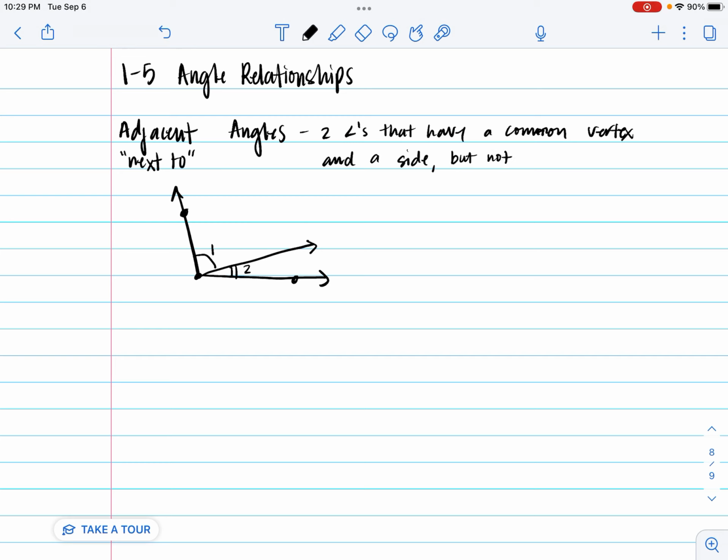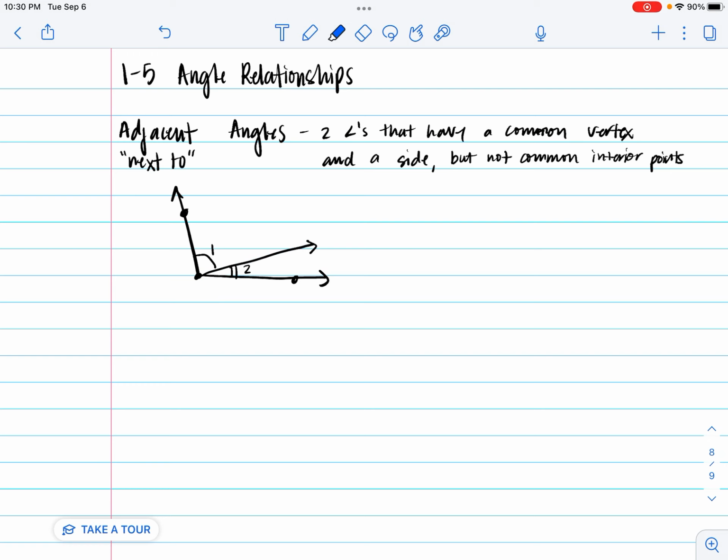Now, this last part is not terribly important because it doesn't come up very often. Interior points would just be points that are on the inside. So this won't really come up. The more important part is that we have the same vertex and we have this common side. They both share this middle line and this middle point, the vertex.